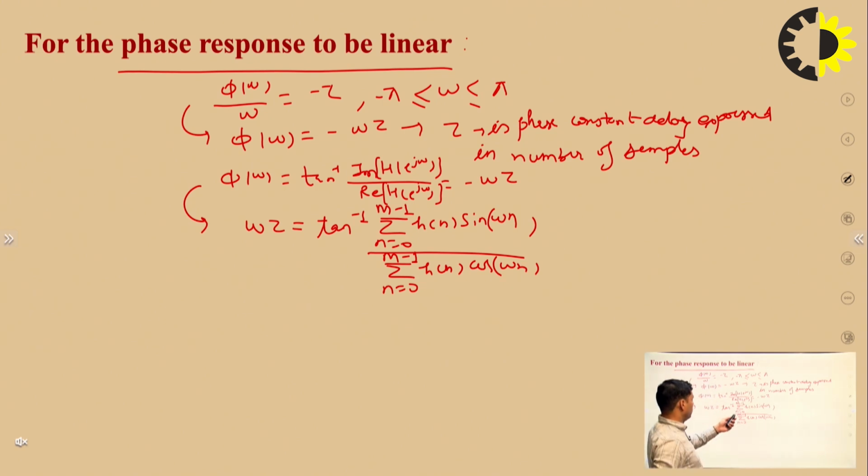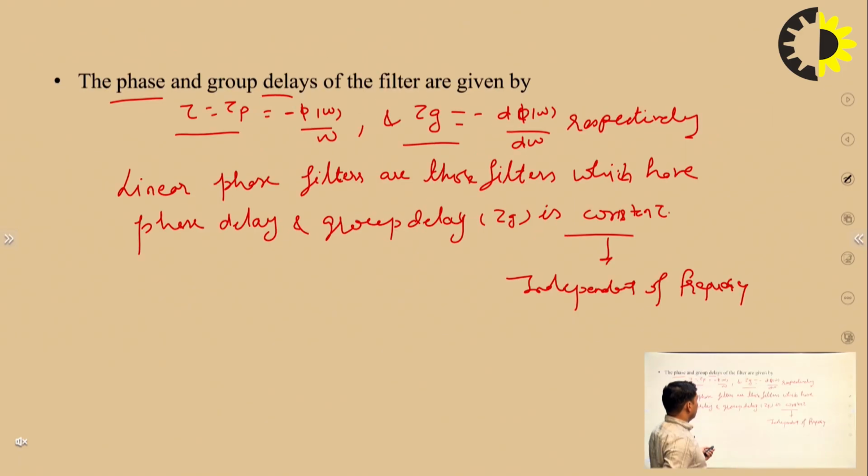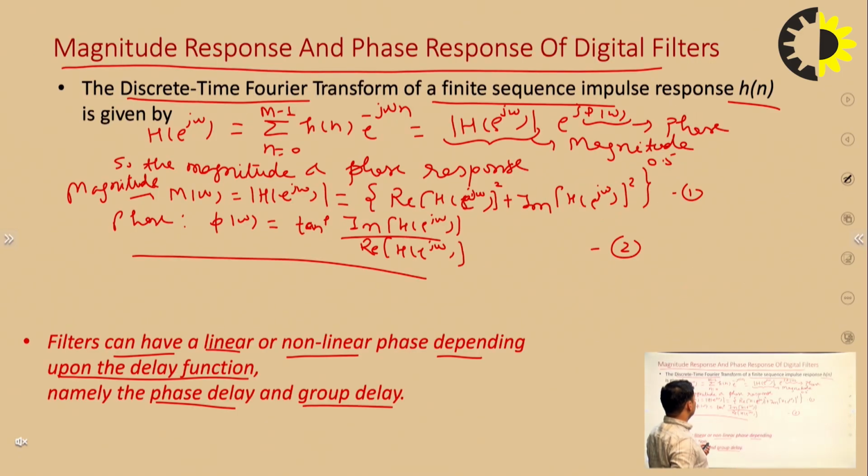How are we able to write it like this? For the imaginary part, h[n] e raised to power minus j omega n, as we discussed earlier. The term e raised to power minus j theta, we know, is cos theta minus j sin theta.